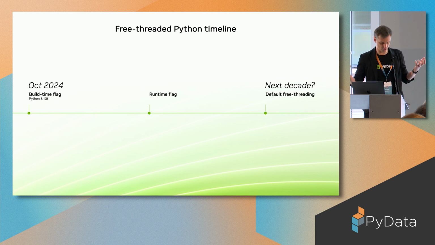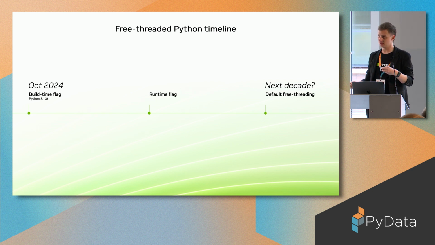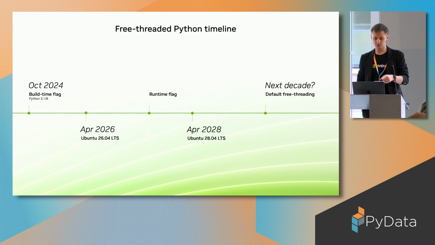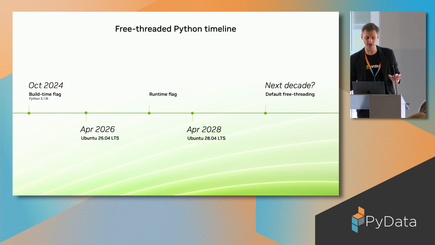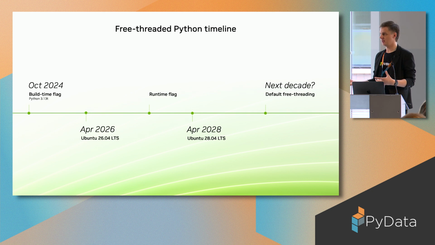Especially the many tools that we have, PyTorch, for example, support mostly the Python version that's included in the Ubuntu LTS version, right? So if we map Ubuntu LTS versions to this timeline, we have Ubuntu 26 LTS, which will appear next year in April, and Ubuntu 28. Most probably, the runtime flag will happen somewhere in between.